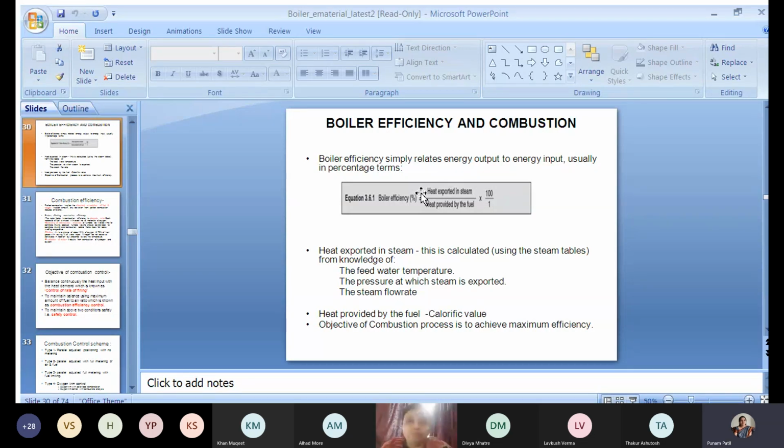So output by input. Now in the combustion, output क्या होगा और input क्या होगा? For the combustion process, what is the output? Heat. Correct. And input? Oxygen and fuel. Correct.